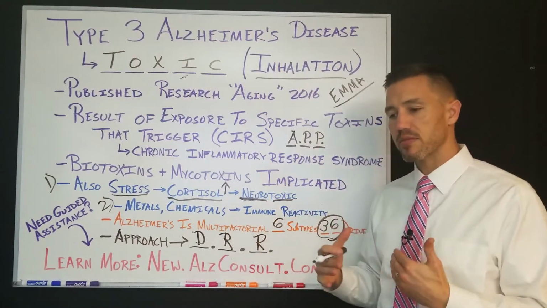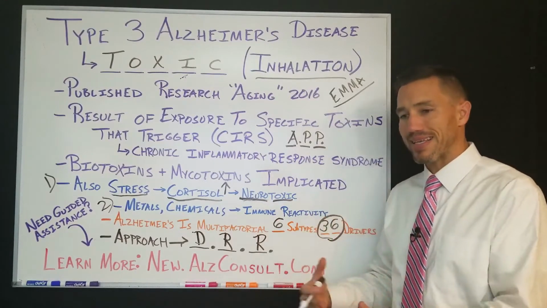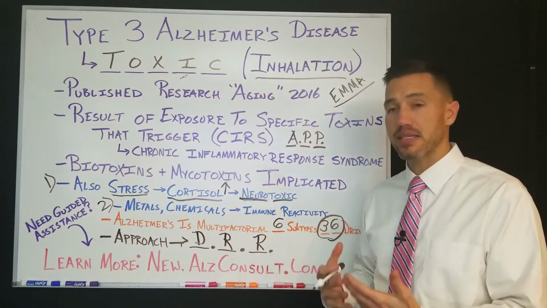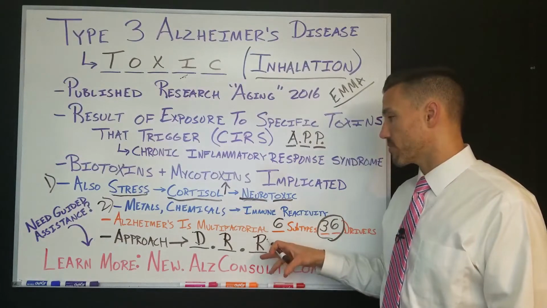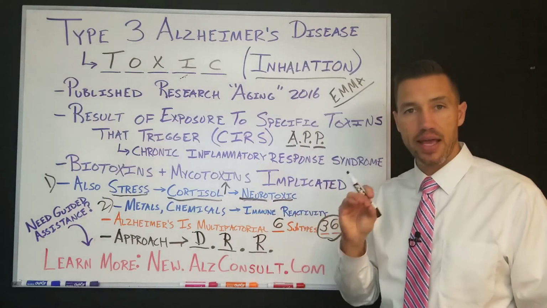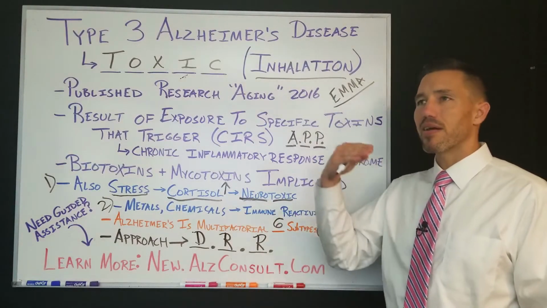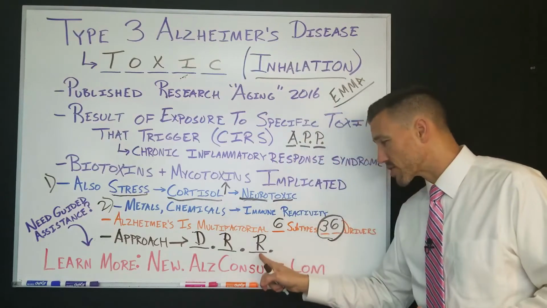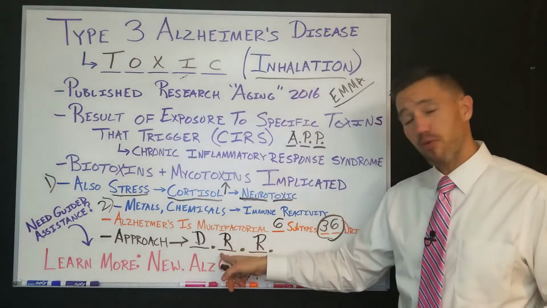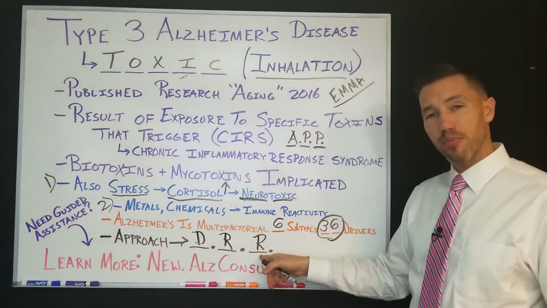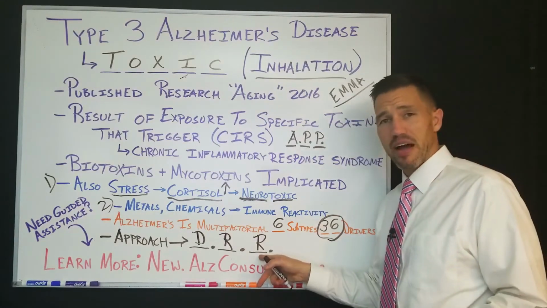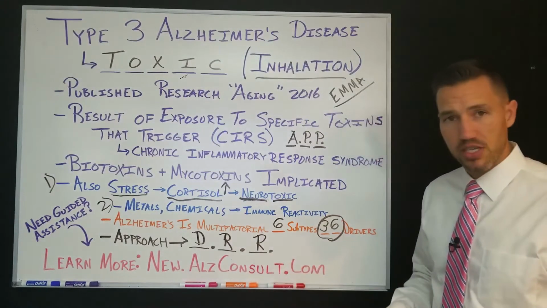And the repair process means we want to start optimizing the healing process and optimizing your neurological signaling and your brain health. A lot of people want to start here before they detect, before they remove anything. They don't start with a plan. They just say, you know what, I'm going to take a bunch of vitamins. I'm going to exercise.